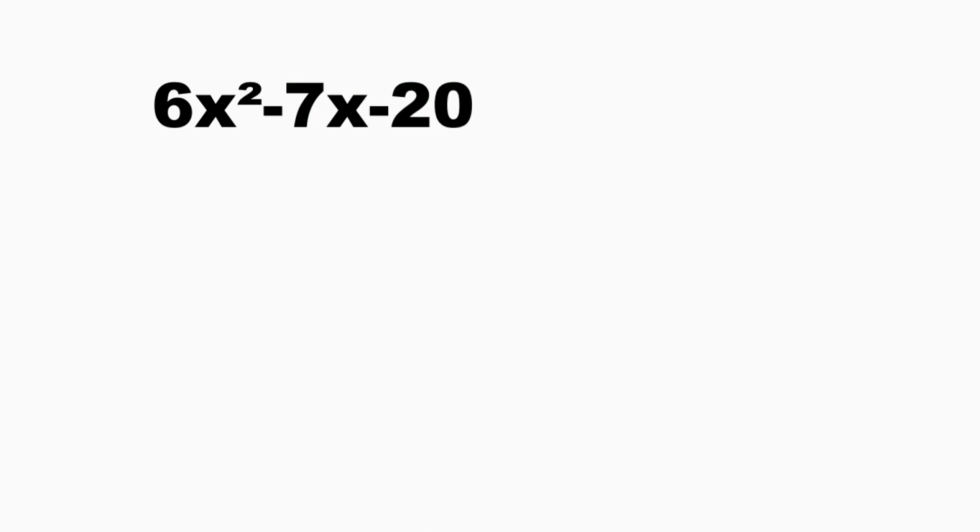Another case is when the middle term is minus 7x and the last term is minus 20. Same as before, we multiply 6 and 20, so again this is equal to 120.